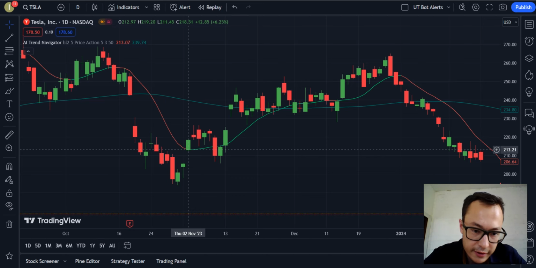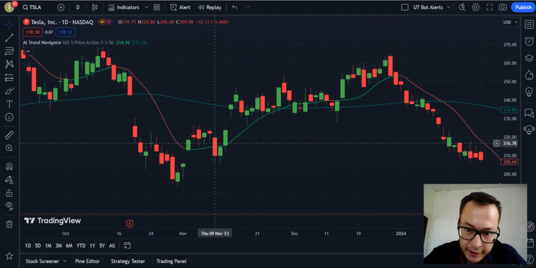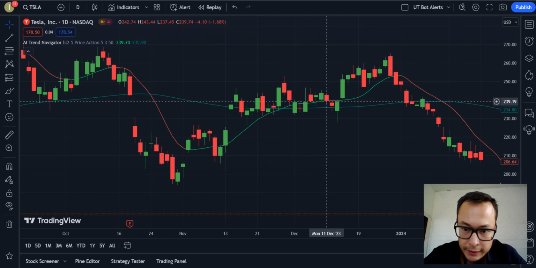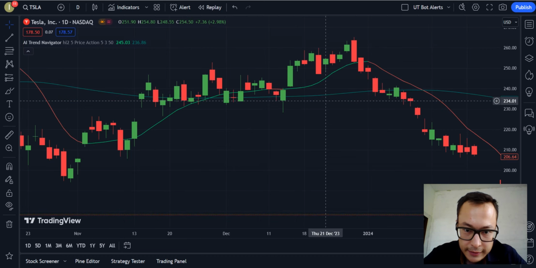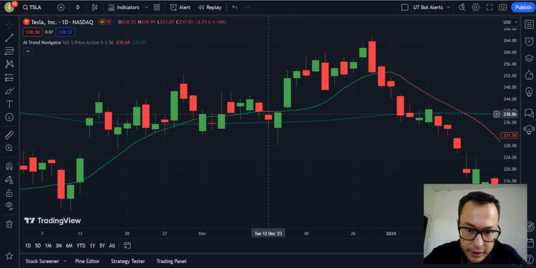This was the price of the Tesla stock on November 2nd, 2023 during the opening of the Nasdaq Stock Exchange at 9:30 a.m. And then we fast forward to December 11, 2023, and the price of the Tesla stock increased to $239.59. And then if we zoom in a little bit, we'll see there's a red line, and this red line represents a downward trend in the price movement.